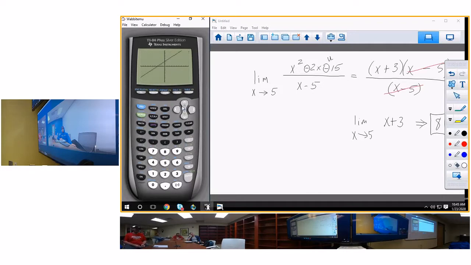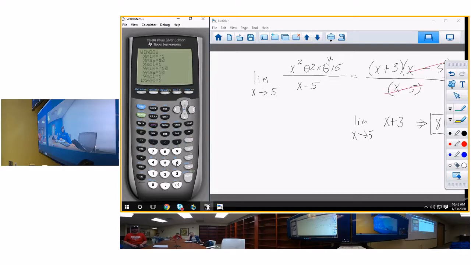And there it is. Now, what's going to happen here is you have a vertical asymptote at x minus 5. But it doesn't show it. Now, if you really get it up close, I'm going to do the window. I'm going to put -1 for my negative value and 6 for my positive value.